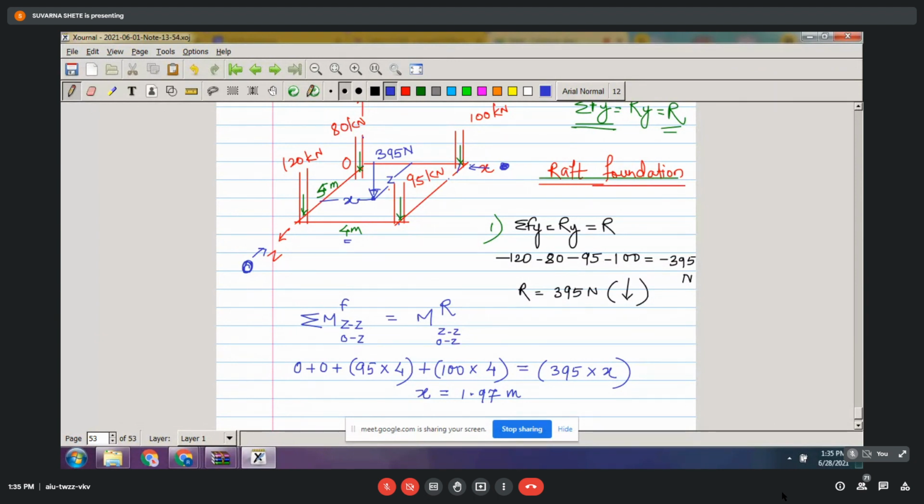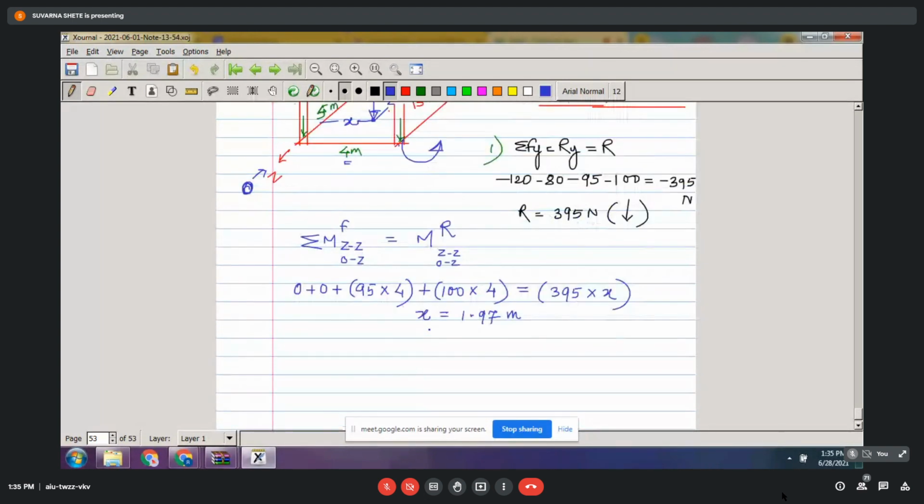What about this 80 kilonewton force? Will it create any kind of rotational effect about this OX axis? No, because the 80 kilonewton is also passing through your OX axis. What about this 95? What type of rotational effect will it create about OX? Anti-clockwise. Correct?